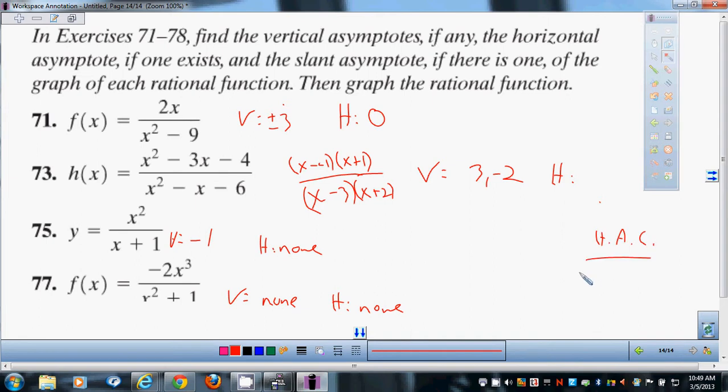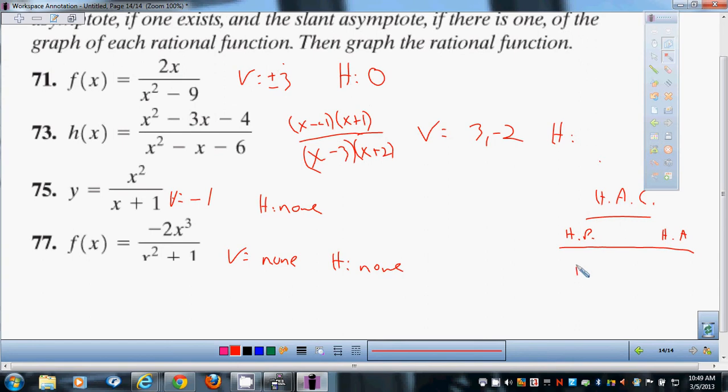If it was on the bottom, it's going to be the line y equals 0, or just 0. And if it's both, it is the quotient of the leading coefficients.